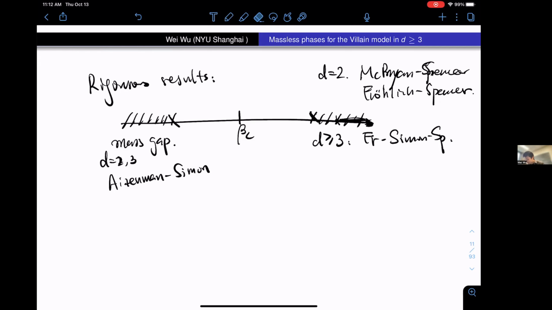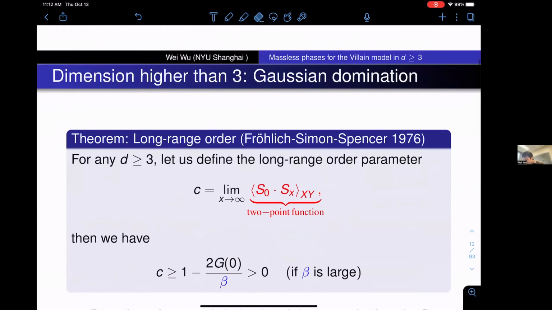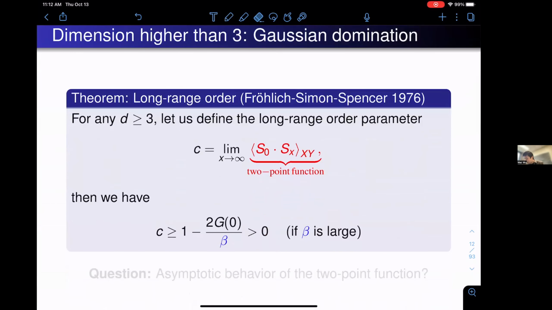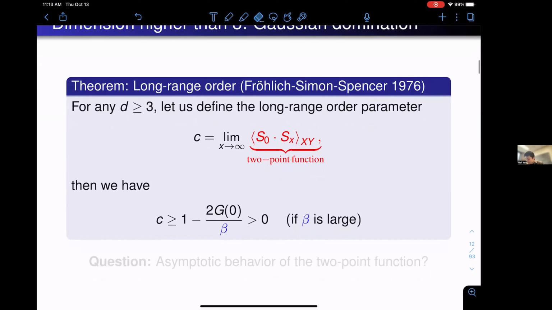Now, just to be more elaborate on what was known in 3 dimensions, back in the 70s there is this very nice argument using the infrared bound that shows you have the uniform positivity of the two-point function. As x goes to infinity, the two-point function is bounded below in terms of 1 over beta times the Green's function, and we know the Green's function is finite in dimensions 3 and higher. So this quantity becomes uniformly positive.